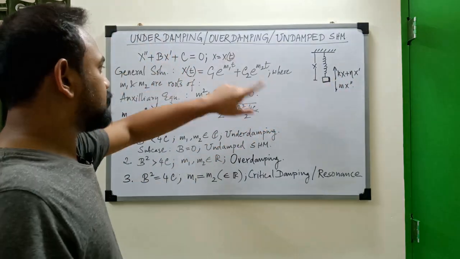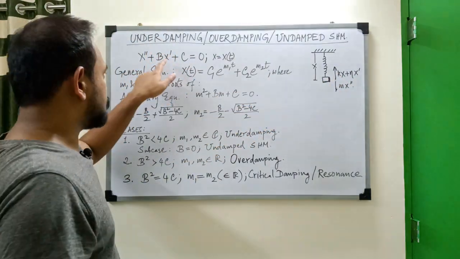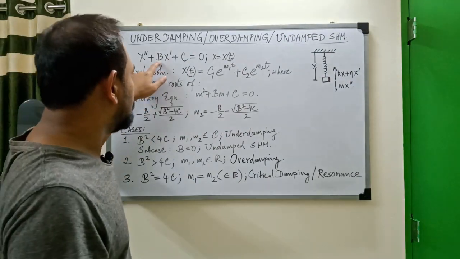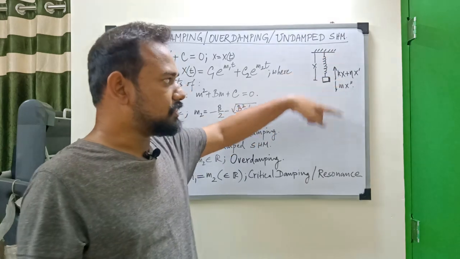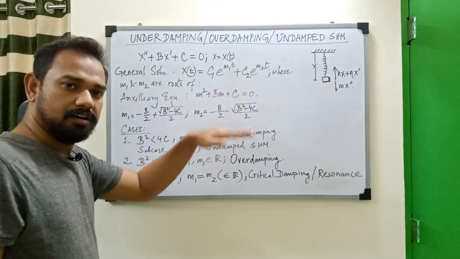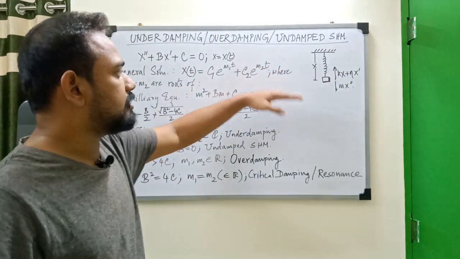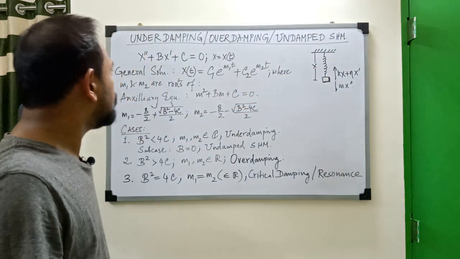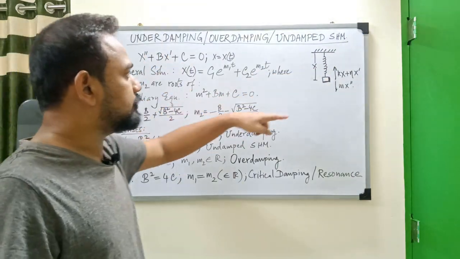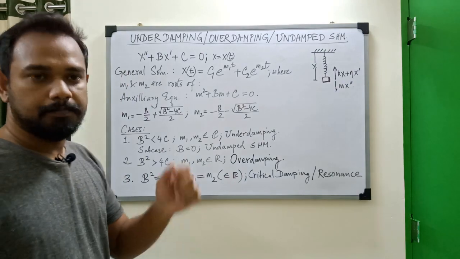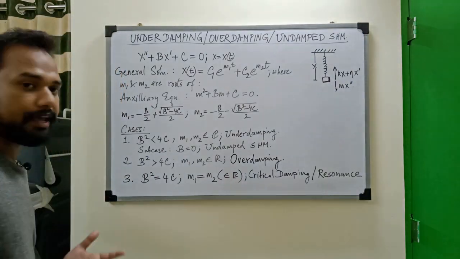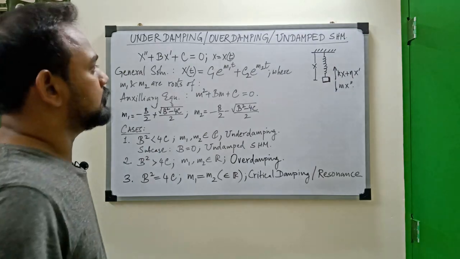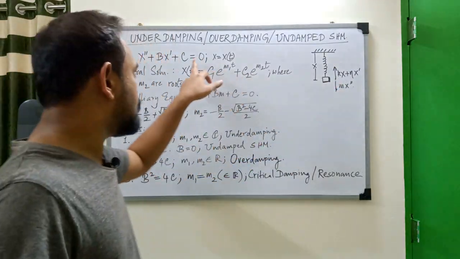If you translate them into an equation, this is what you get, where this constant B represents the resistance, air resistance, or the friction while this body is moving up and down, and C represents the strength of the spring, or the stiffness of the spring constant. Actually, the spring constant is K divided by M, and that is C.